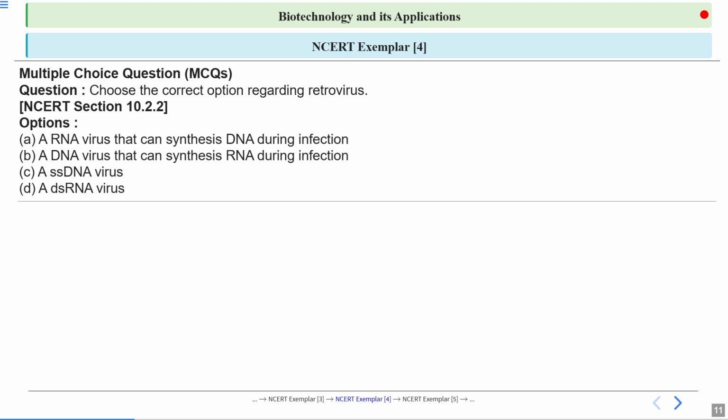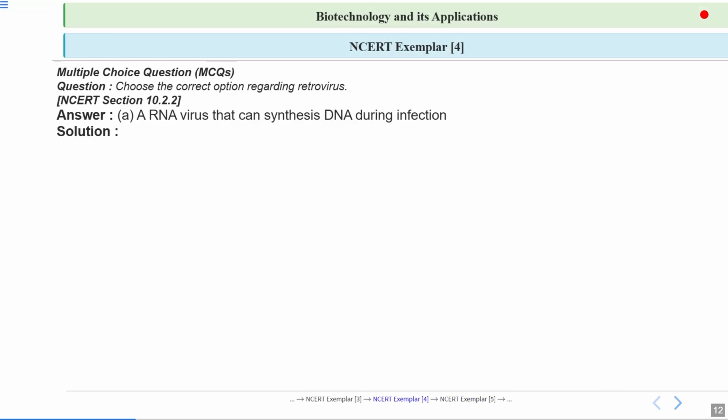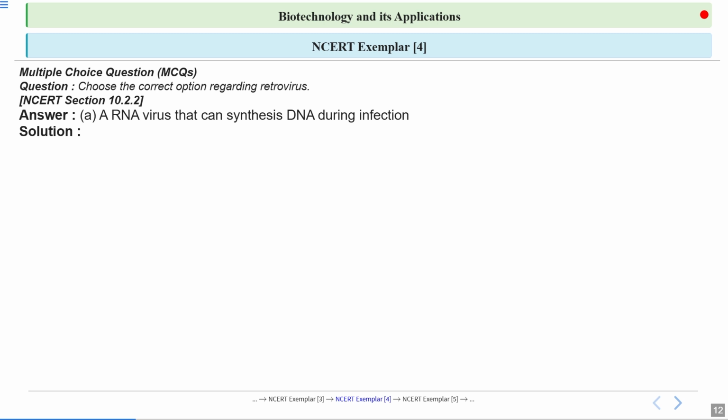Second says it is a DNA virus that can synthesize RNA during infection. Third is a single stranded DNA virus, and the fourth is a double stranded RNA virus. So let's see what the correct option is. The correct option is that a retrovirus is an RNA virus that can synthesize DNA during infection.